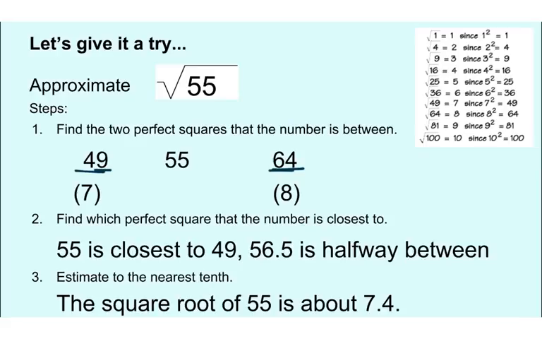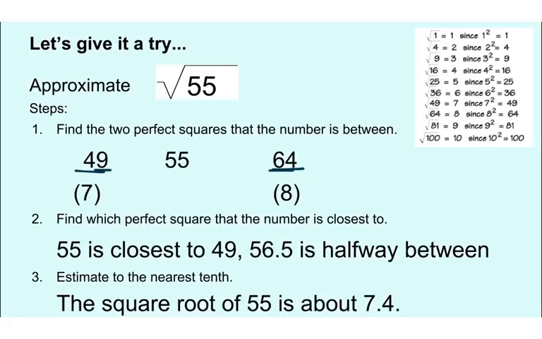So that's where 55 falls, in between 49 and 64. Underneath, I put in parentheses the number that is actually squared: the square root of 49 is 7 and the square root of 64 is 8. What I'm looking for is something in between 7 and 8 that is the square root of 55.